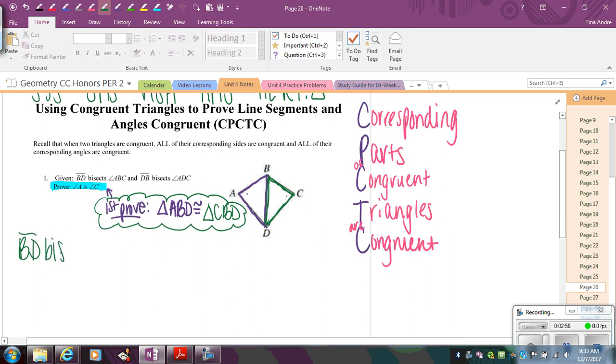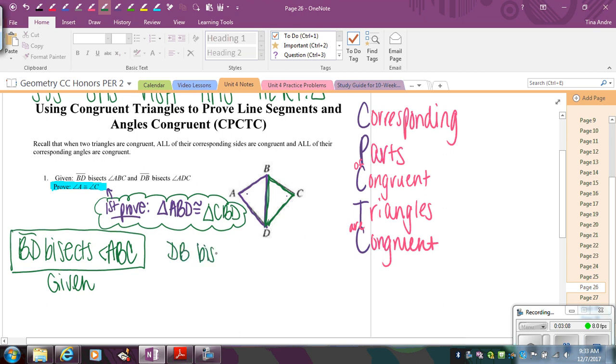So let's go ahead and start writing down our givens and marking our diagram, and let's get to proving that the triangles are congruent. So BD bisects angle ABC. And then that was given, and we also have DB bisects angle ADC. So that's given. And then we're going to label those.